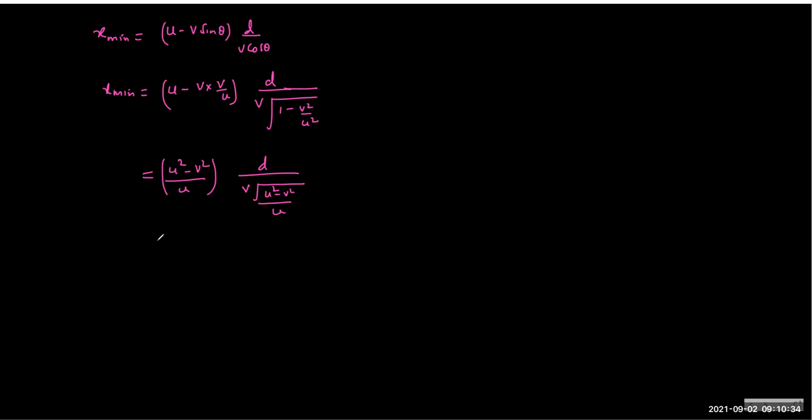So what will we get here? No, this will cancel. What we can get here is the root of u square minus v square, d by v. So this is the x minimum.